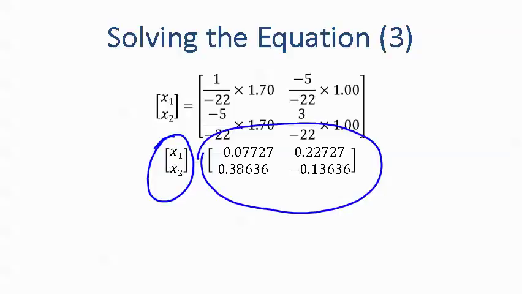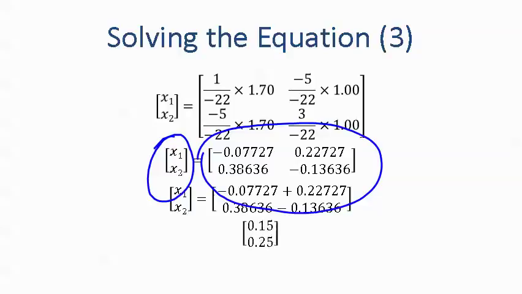But here's the last piece in the analysis. x1 is going to be equal to minus 0.07727 plus 0.22727, and x2 is going to be equal to 0.38636 minus 0.13636, taking the signs into account.